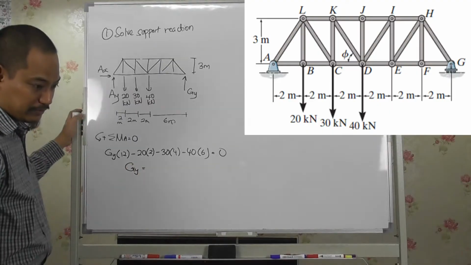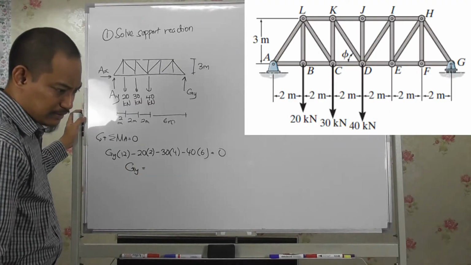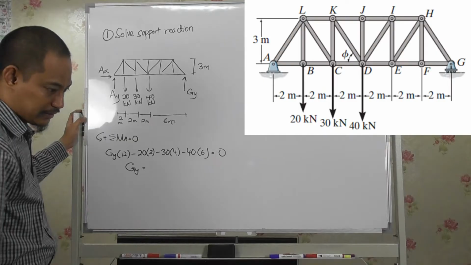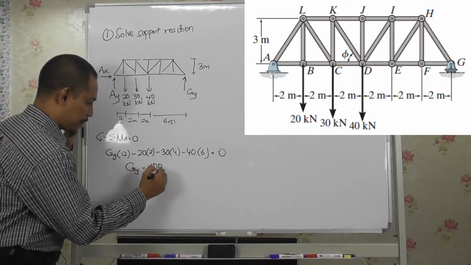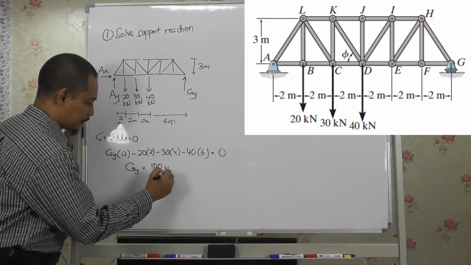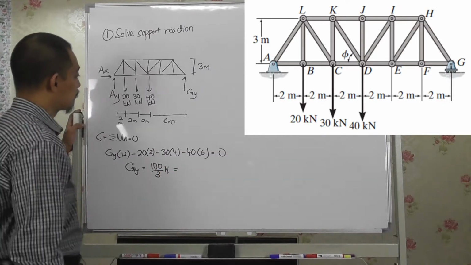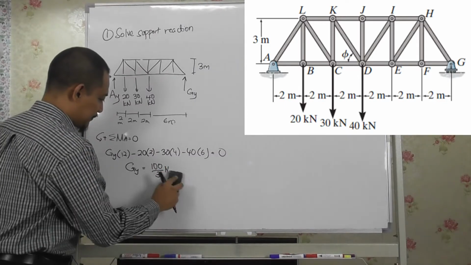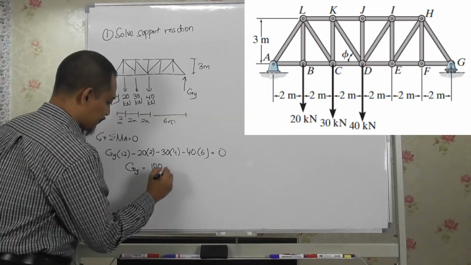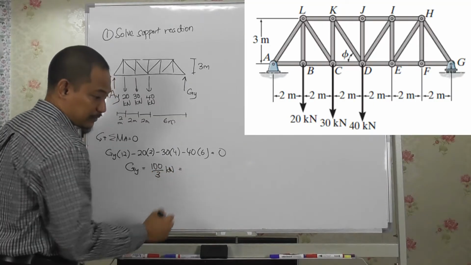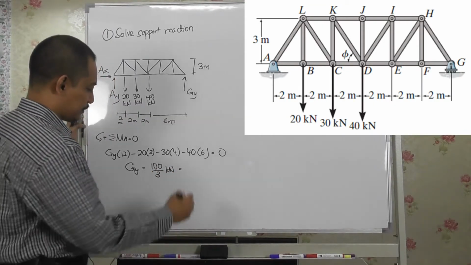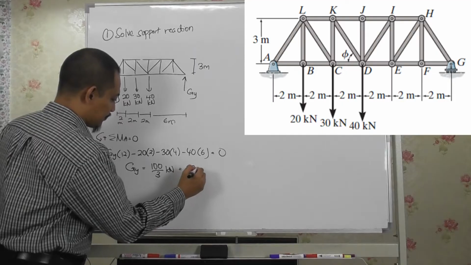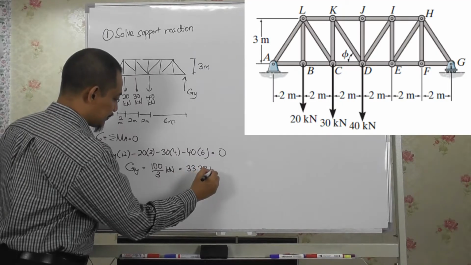If you solve for this one, what do you get? Do verify, you should get 100 over 3 kilonewton, or 33.33 kilonewton.